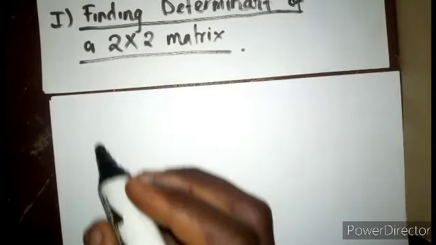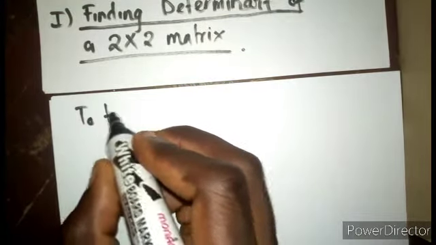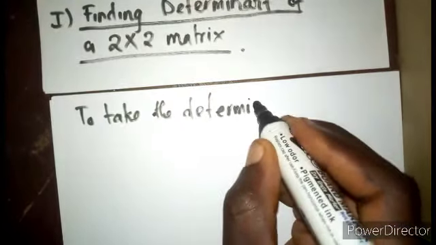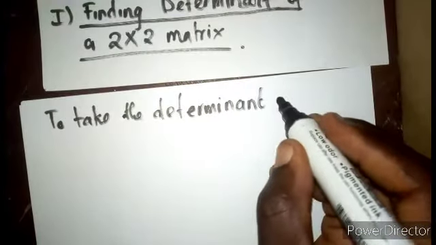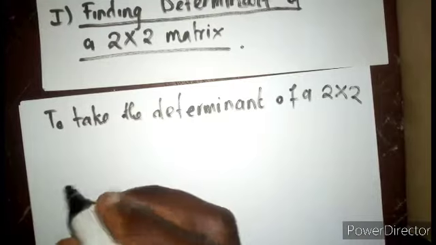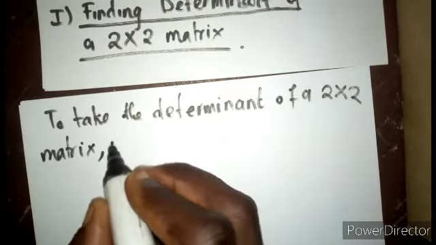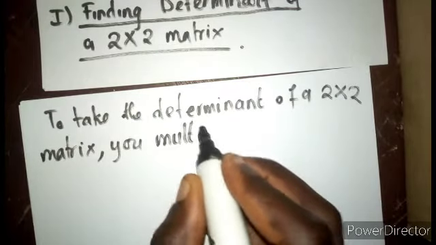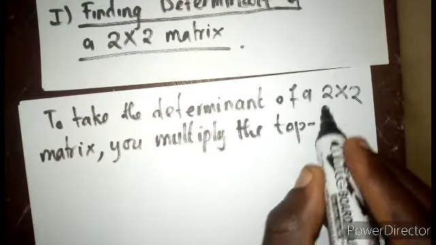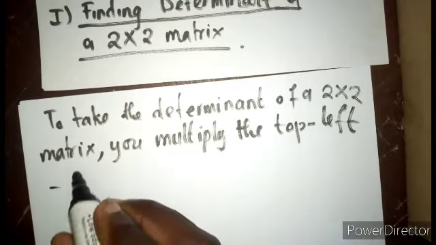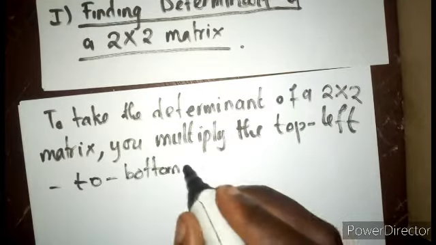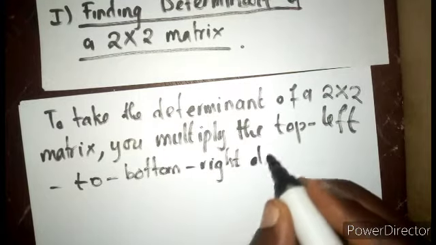Now, how do we do this? To take the determinant of a 2 by 2 matrix, you multiply the top left to the bottom right diagonal.